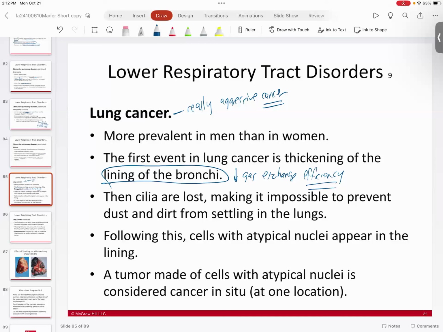For instance, when you lose your cilia, then you're no longer able to sweep all those dust particles and things like that out of your respiratory system. So all of a sudden now your dust and dirt begins to accumulate and settle in the lungs.